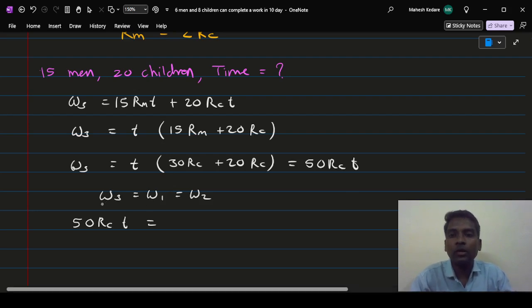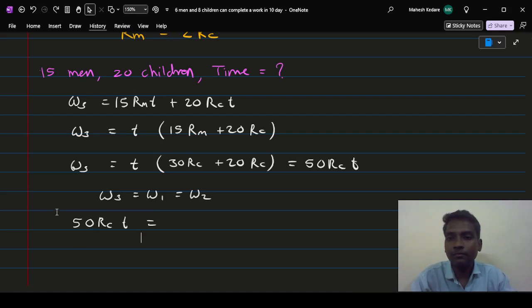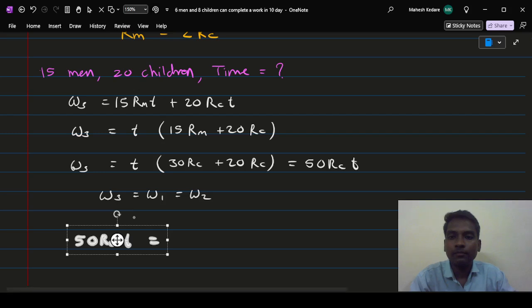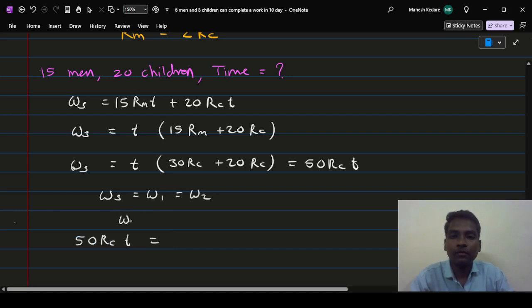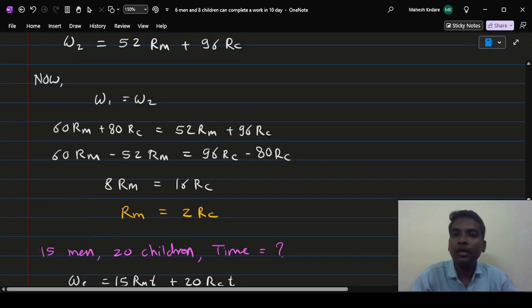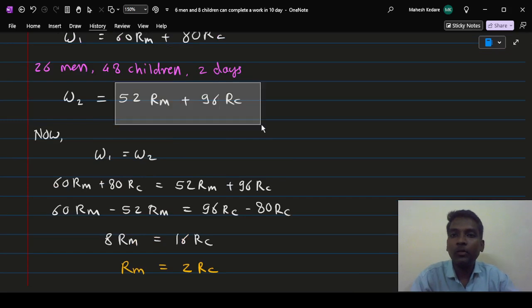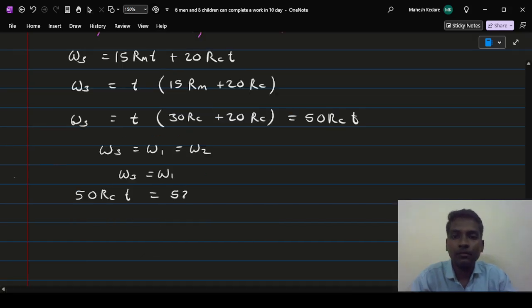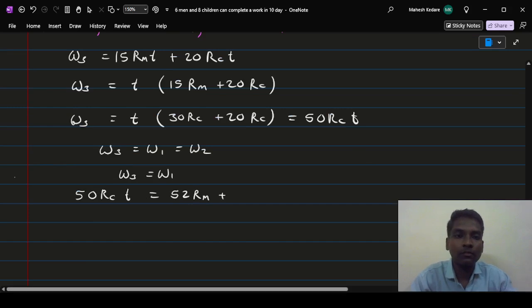Now W3 is equal to W1. We consider only the first equality. W3 is 50 RcT.